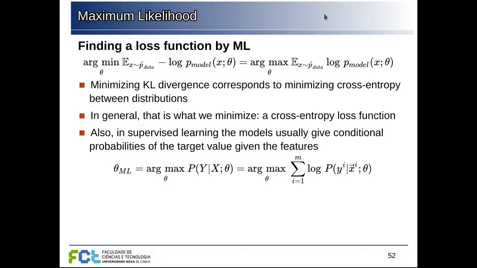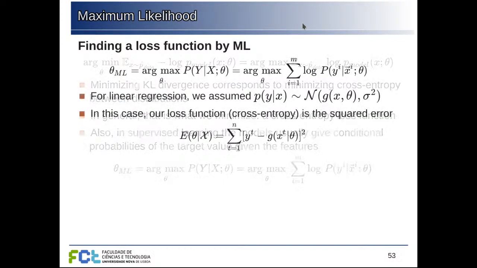However, the important part here is that even though this is always the same idea, the resulting loss function will depend on exactly what is the probability distribution our model is trying to express.